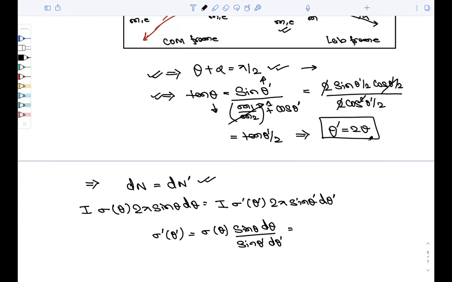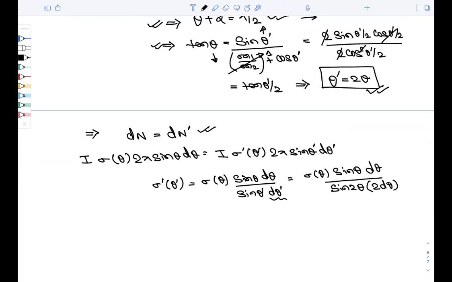Now put the values here. अगर इसको हम put कर दे, what will we get? This sin theta d theta, and theta dash is 2 theta. ये बन जाएगा sin 2 theta, and what will be d theta dash? It will be 2 into d theta. ठीक है.